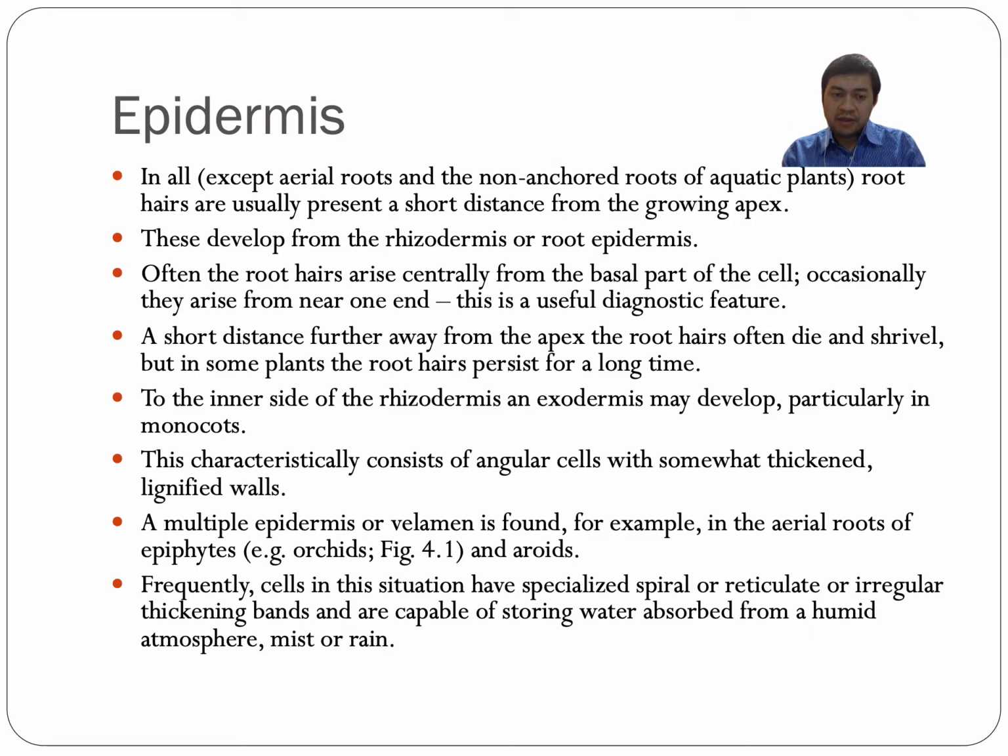And then a multiple epidermis or velamen is found, for example in the aerial roots of epiphytes and also aroids. Frequently the cells in this situation have specialized spiral or reticulate or irregular thickening bands, and are capable of storing water absorbed from humid atmosphere, mist, or rain.